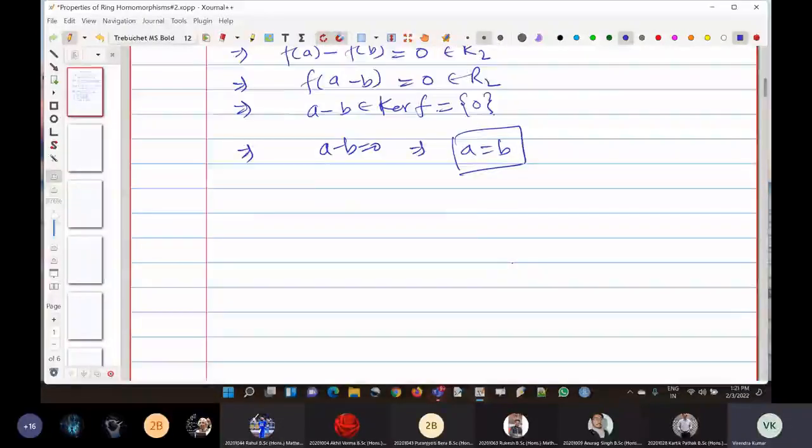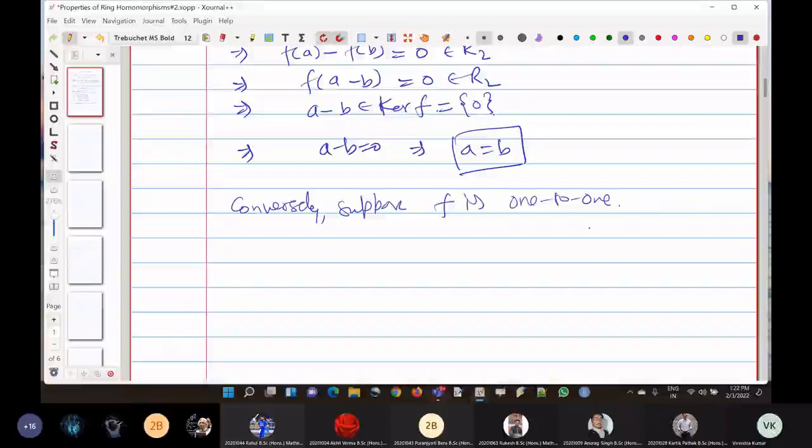Now conversely, suppose f is 1-1. Then we need to prove that kernel of f is identically 0.